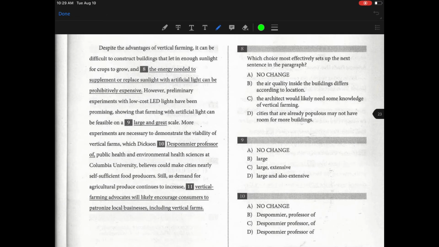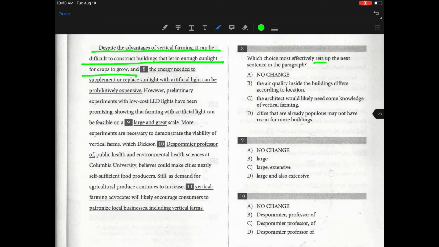Which choice most effectively sets up the next sentence in the paragraph? Okay. 8. The energy needed to supplement or replace sunlight with artificial light can be prohibitively expensive. What's the context here? Despite the advantages of vertical farming, it can be difficult to construct buildings that let in enough sunlight for crops to grow and the energy needed to supplement.